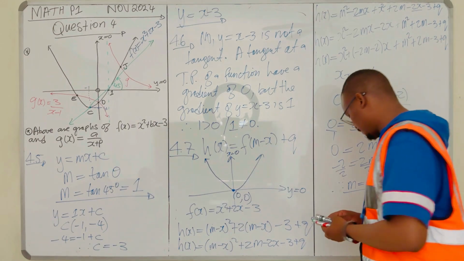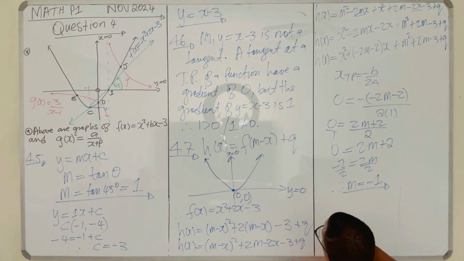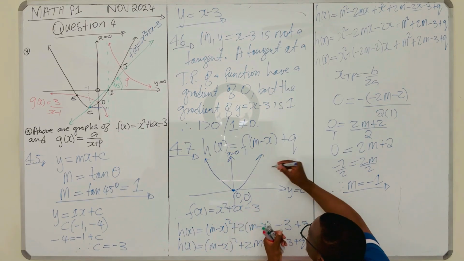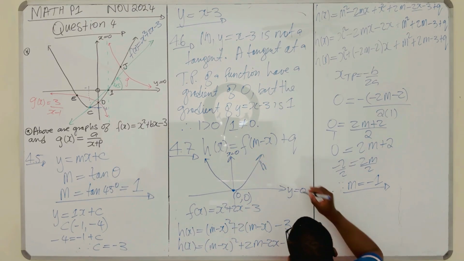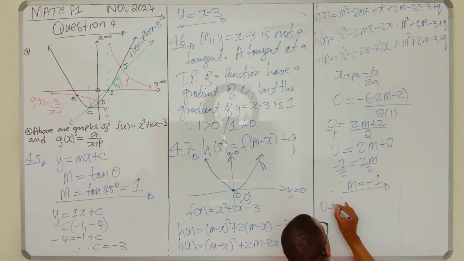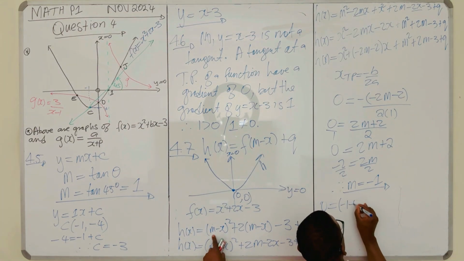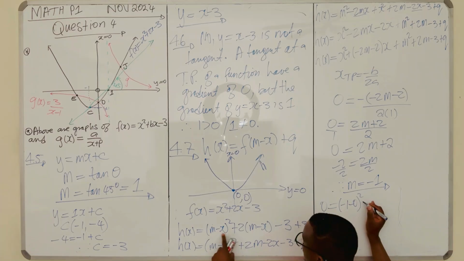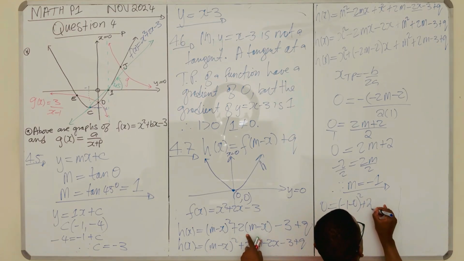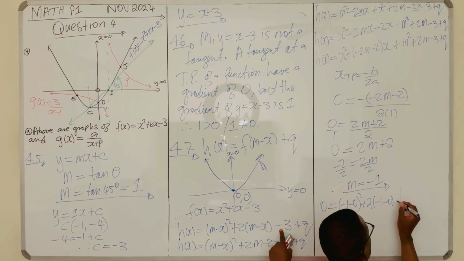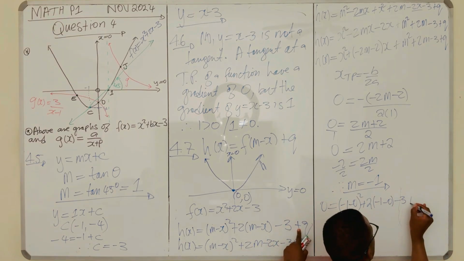So what we'll do, we'll say our h of x is the y value there, because this is h. So our 0 is equal to m, which is what? Minus 1 minus 0 all squared, plus 2 into minus 1 minus 0, minus 3, plus q.